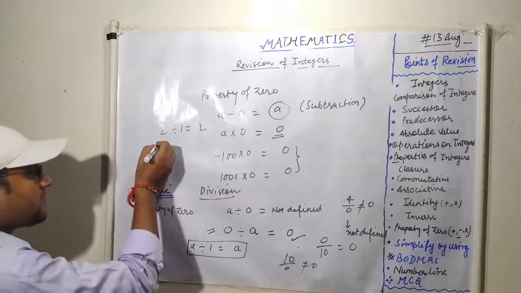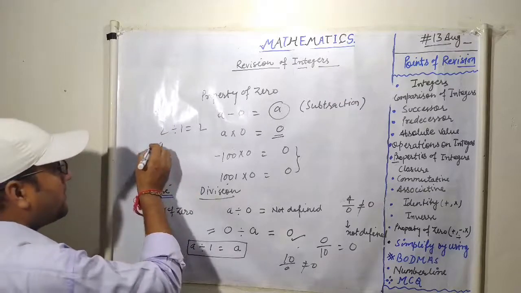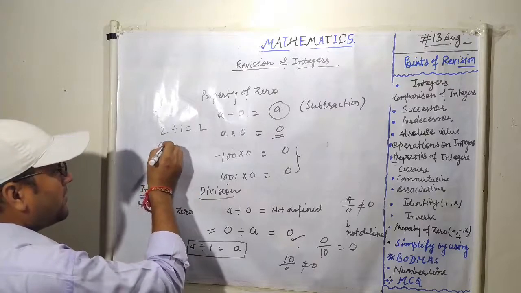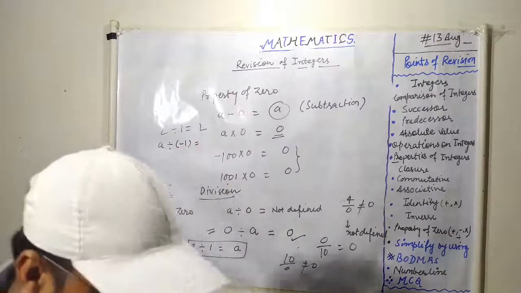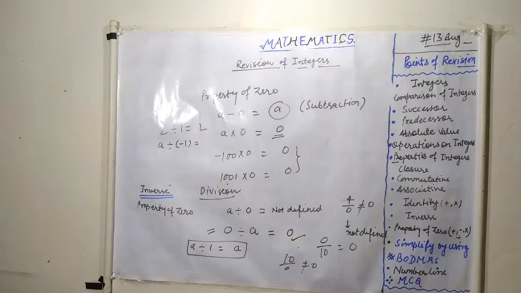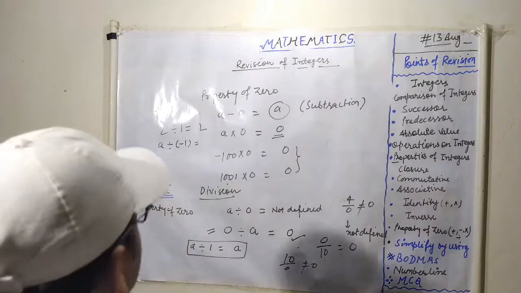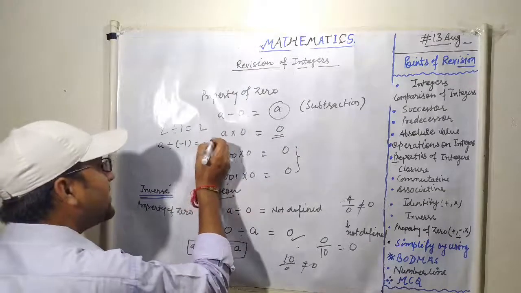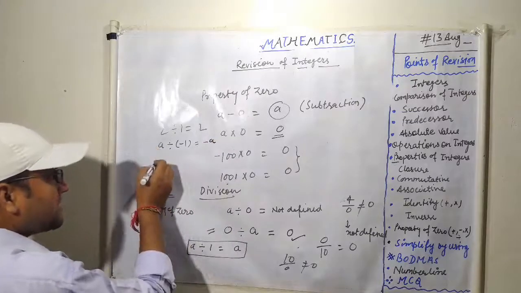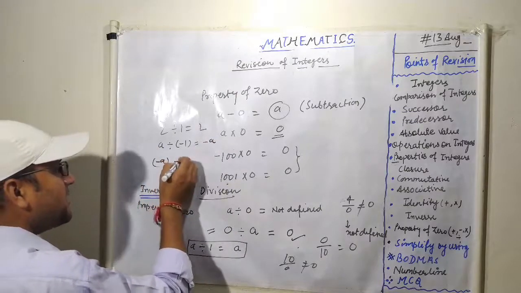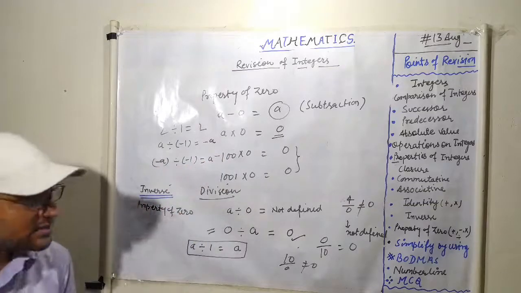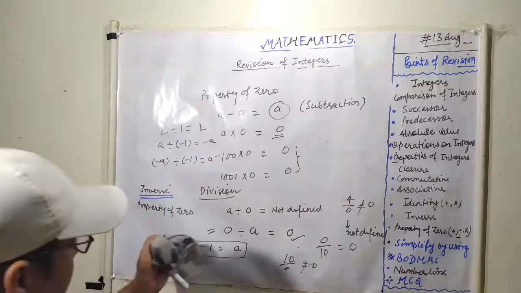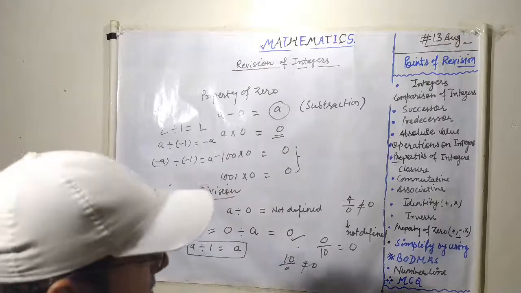Suppose a is divided by -1, what will you get, students? You get minus a. If minus a is divided by -1, you will get the positive value. So these are a few important properties related to integers.